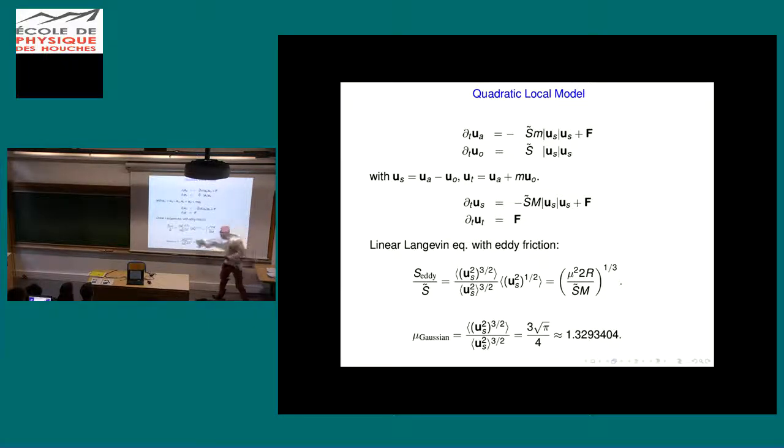So this is the normalized 3.5 moment of the square velocity. And if u and v, the two components, were Gaussian, then this would be just 3 times the square root of pi over 4, so something like 1.32.